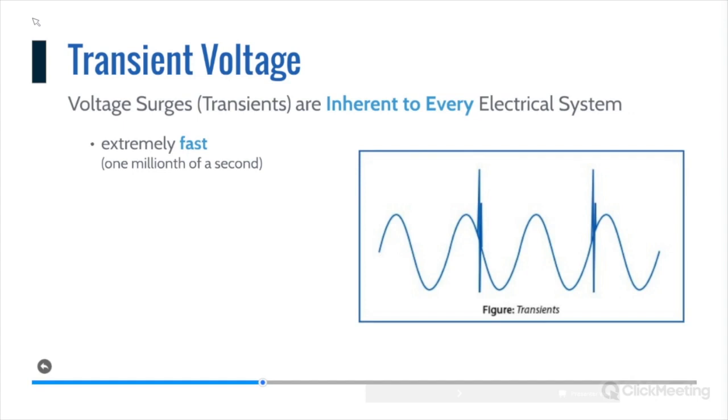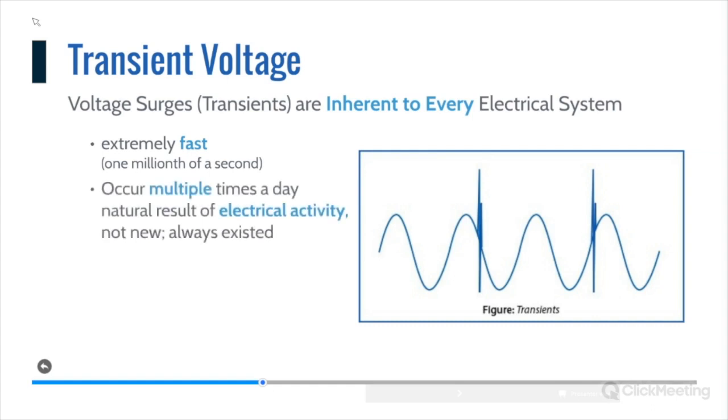This says 1/1,000,000th of a second, and it's hard to imagine 1/1,000,000th of a second. But they're there. They happen multiple times a day, and they're just a result of electrical activity. Every time a load switches off and switches back on, it puts these little transient spikes into the system.